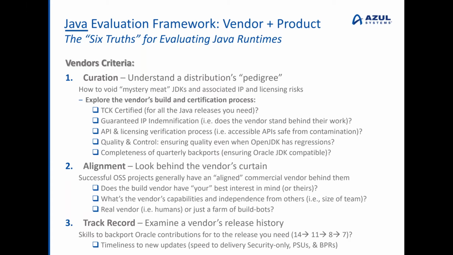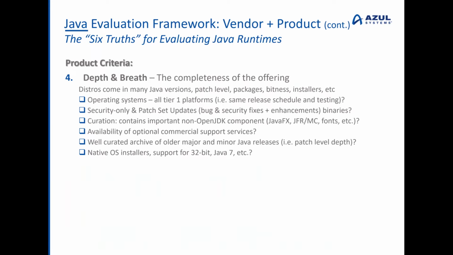Do they only make them available as PSUs, patch set updates that contain bug fixes, security updates, and enhancements? Or are there variations of those binaries that are for security only, that allow you to rapidly test your ISV software and ensure that it meets and addresses all the security vulnerabilities?